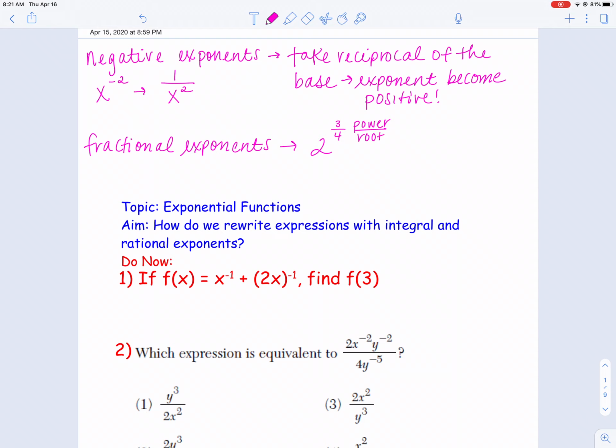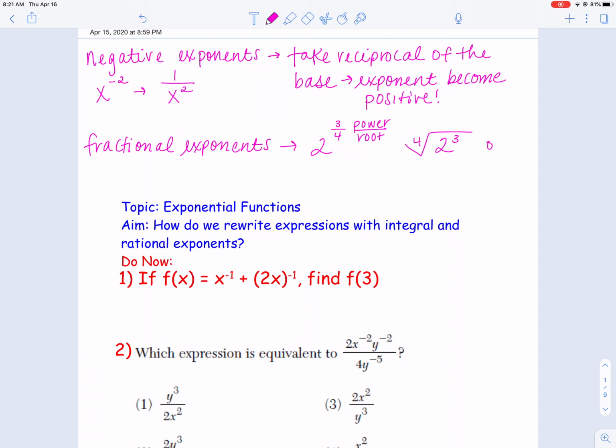There are 2 ways to write it. You could write that as the 4th root. Look at where my 4 is. It's in the index, not a big 4 in front of the radical. It's my base of 2 to the 3rd power.